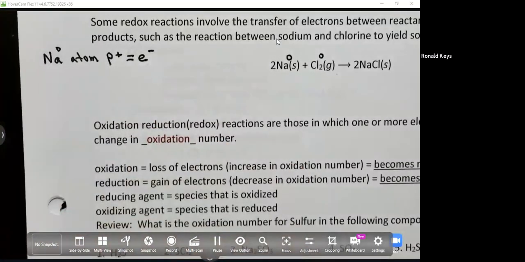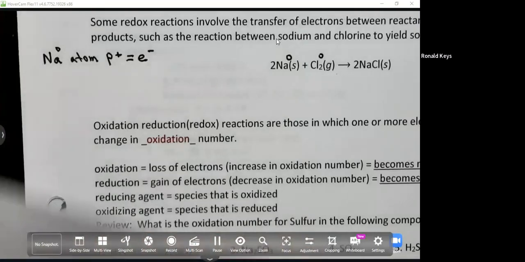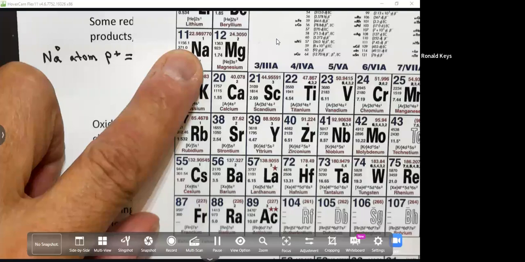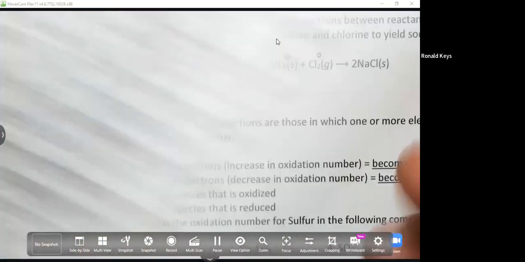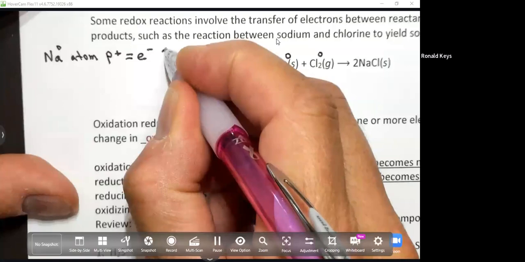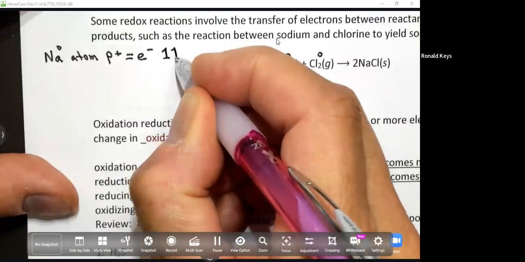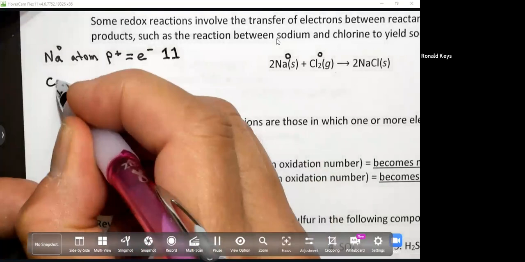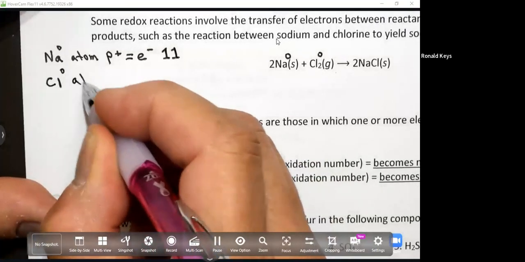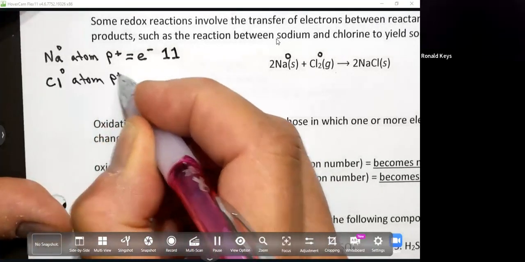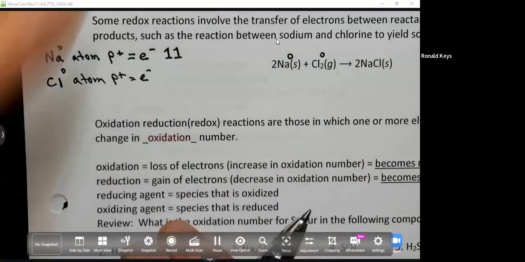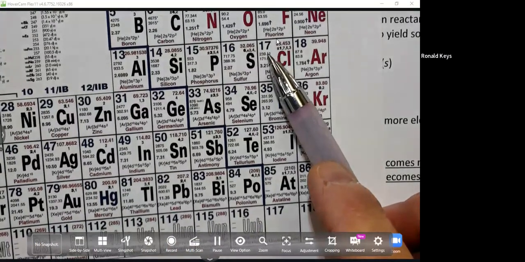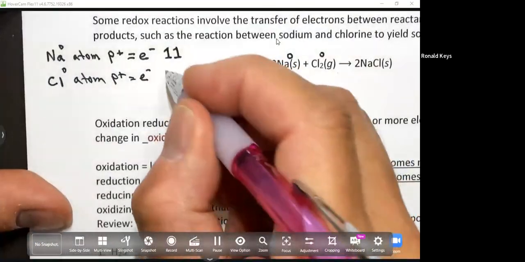There is no charge. And how many is that for sodium? 11, right? Sodium atom, 11. Chlorine, neutral atom. Protons equal the electrons. How many? 17.